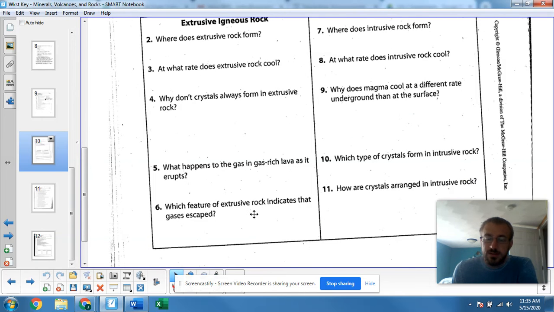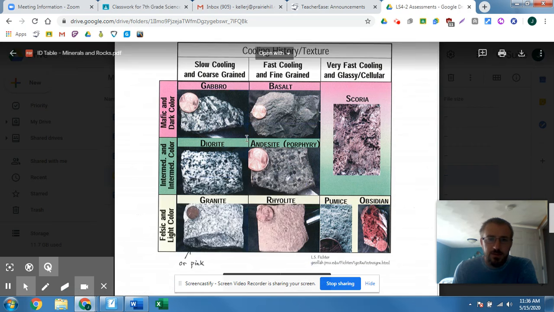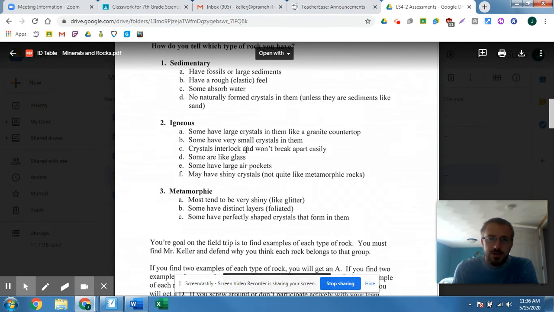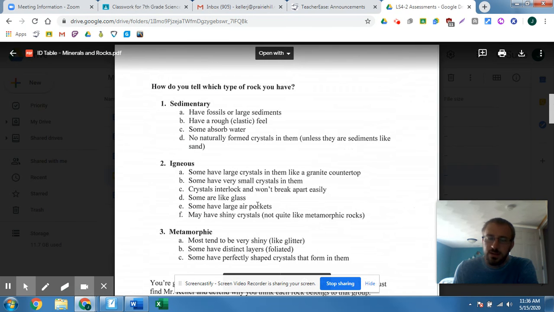Talking about some gas, what kind of features might you see in rocks that cool really quickly and also have a lot of gas in them? The types of crystals, this was the weirdest question on here. The size of a crystal is probably what I would be looking for on number 10. And then number 11, you can probably get that from this page right here on the igneous rocks.